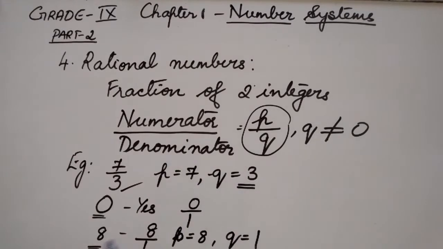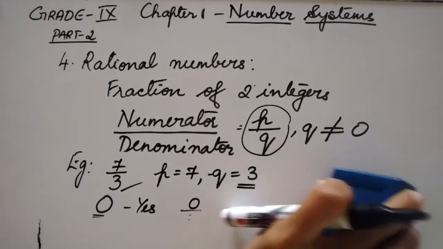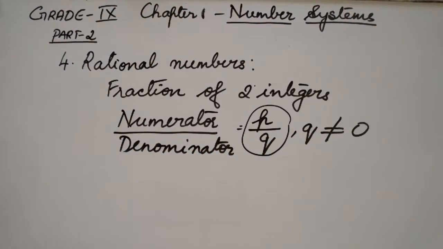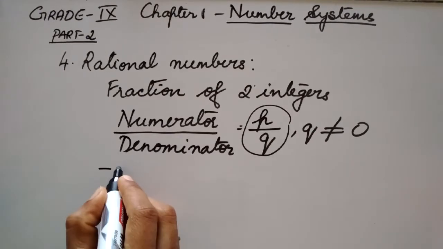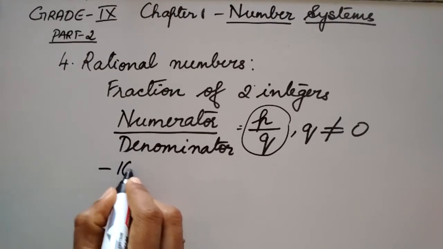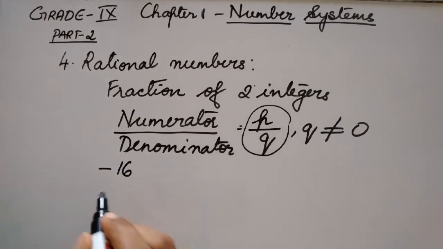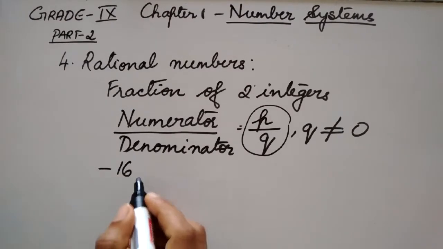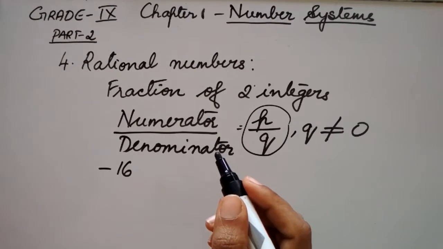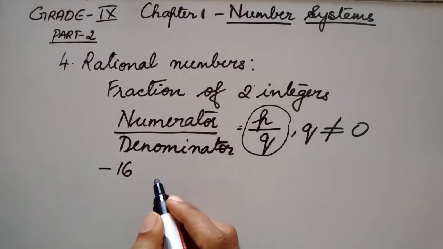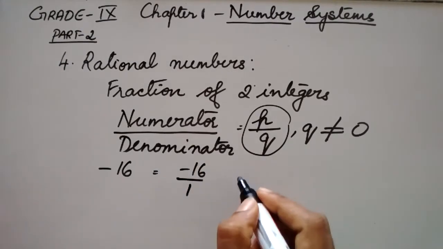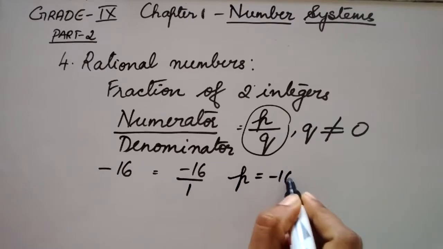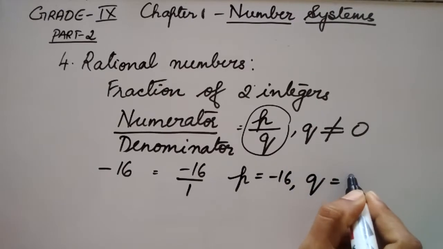For example, what about minus 16? Even this number can be expressed in the form P by Q, where Q is not equal to 0. That is, I can write minus 16 by 1. Here P is equal to minus 16 and Q is equal to 1.